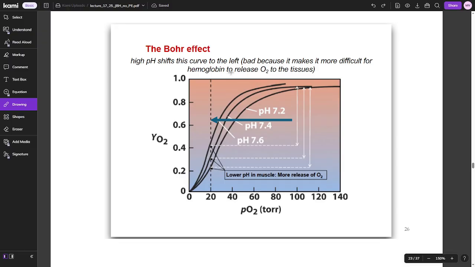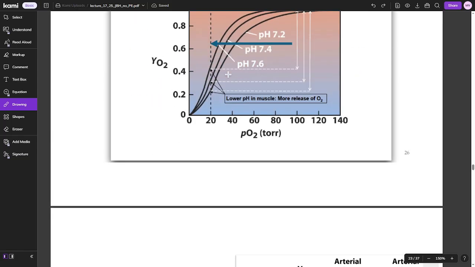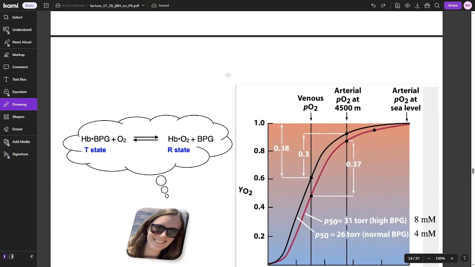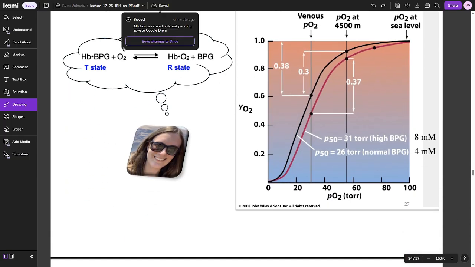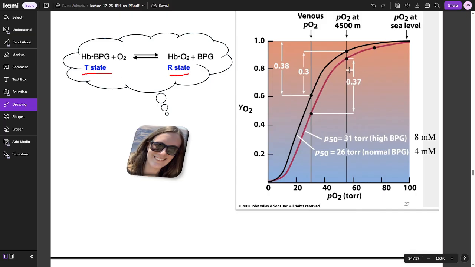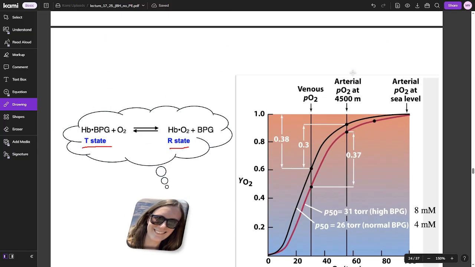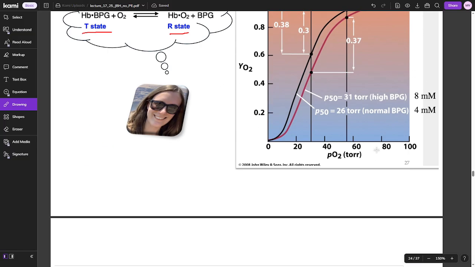I already talked about it in previous lecture videos, but it's just how the pH has varying effects on hemoglobin and those O2 binding proteins. Back here, you've got your T state and your R state, and then if you were to look at what base does, what acid does, how it changes.